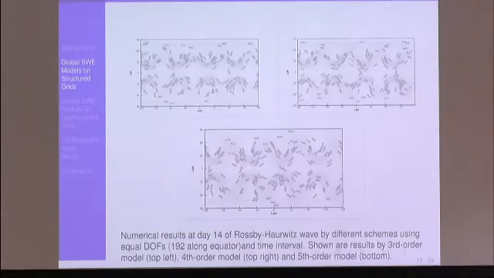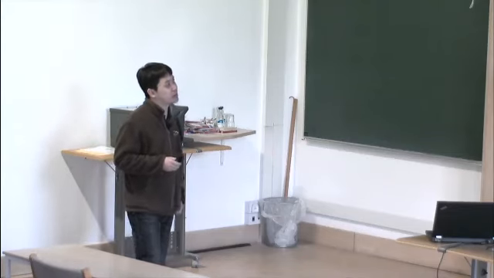Obviously, the most accurate result is obtained by the fifth order model. The difference is here and also here. The fifth order model produced a result very similar to the spectral transform solution, even on this coarse grid. So it tells us high order convergence rate or accuracy is of essential importance in atmospheric simulations.